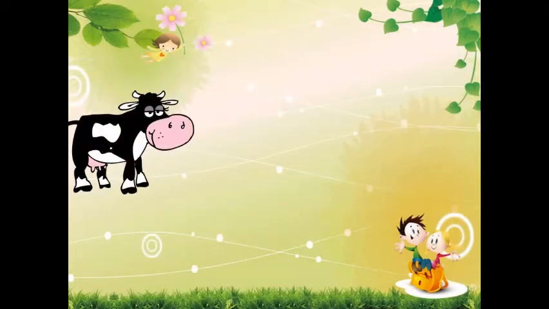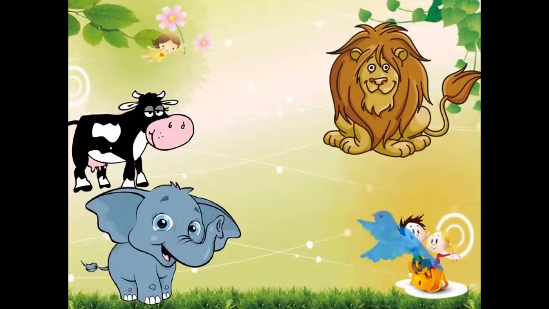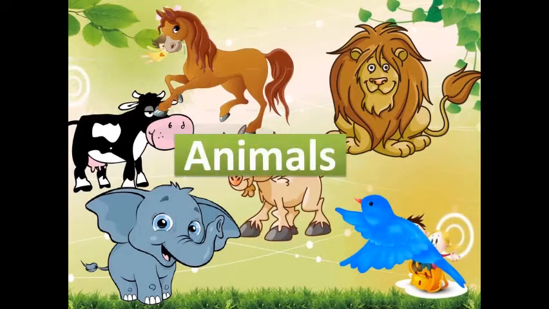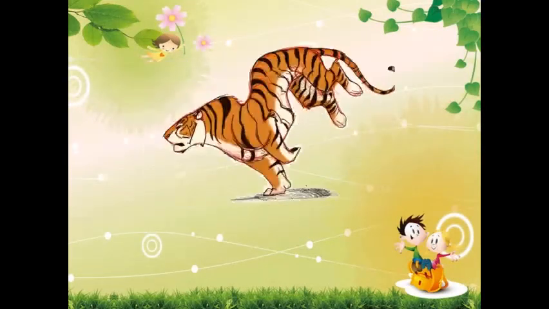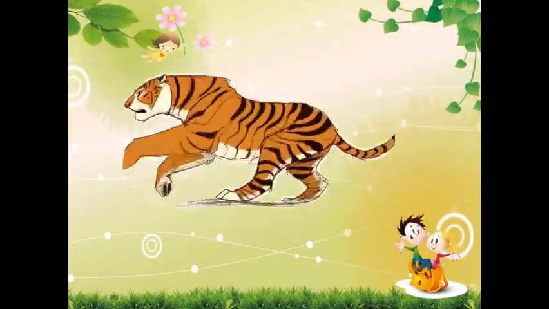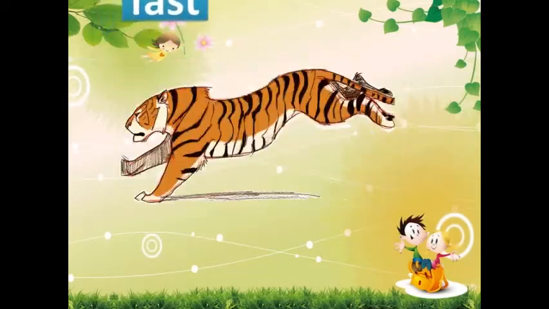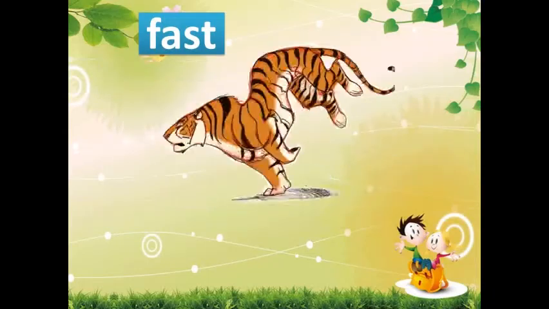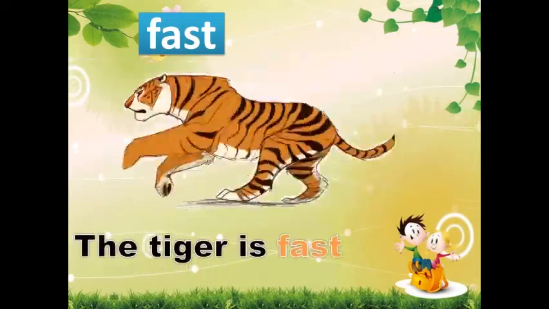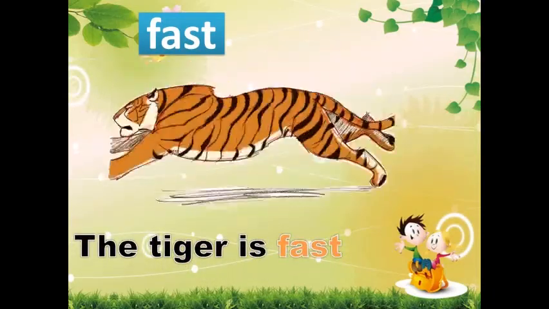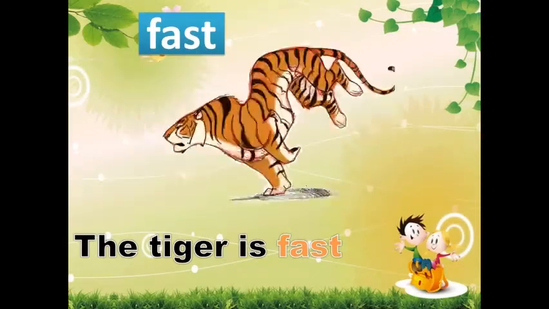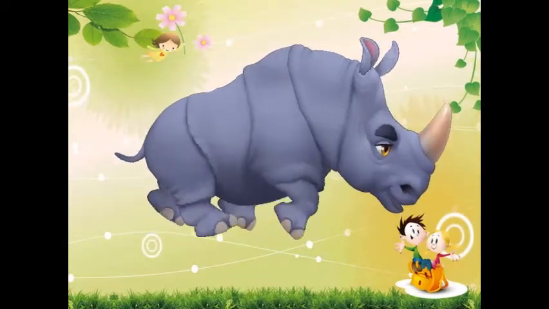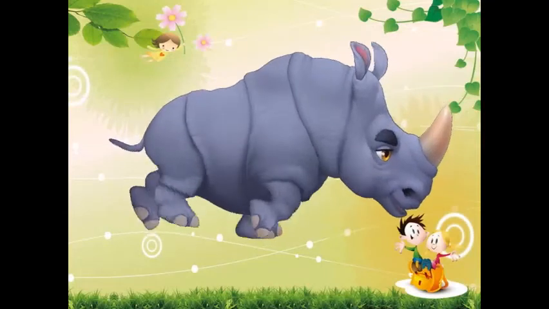So we said we use adjectives to describe people, but we use them also to describe animals. Let's see. Here we have a tiger. And we have the adjective fast. The tiger is fast. This is a fast tiger. And here we have another animal.